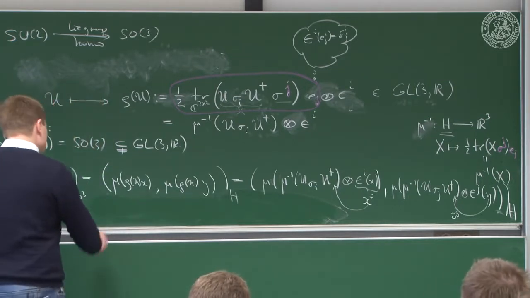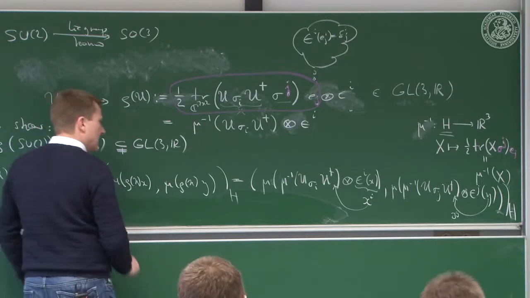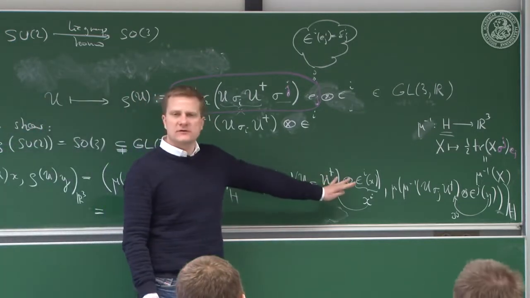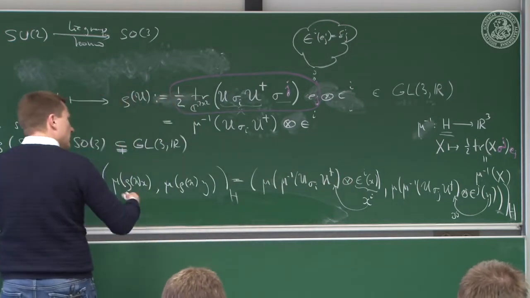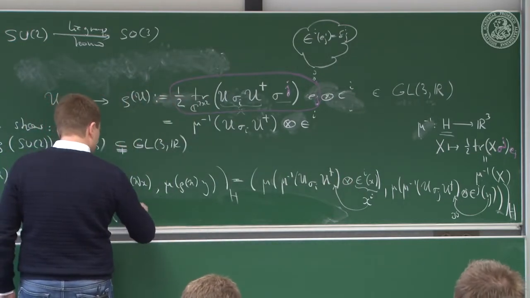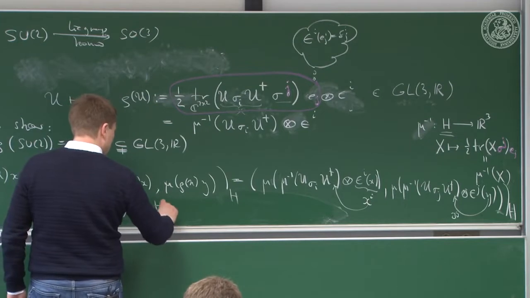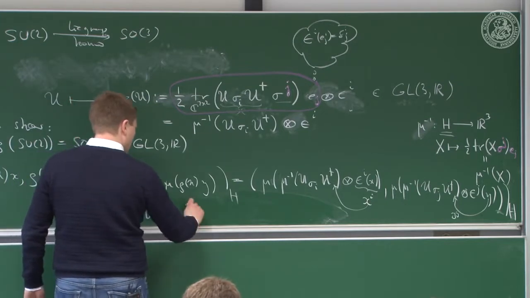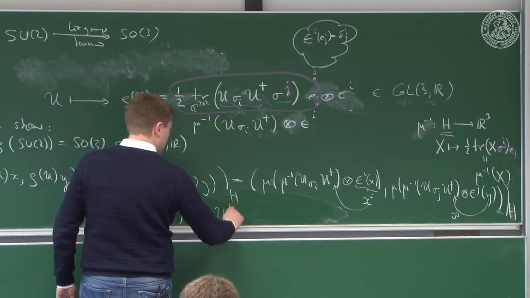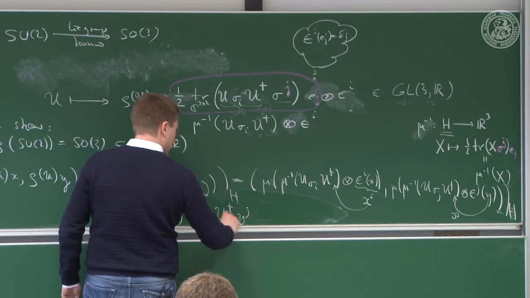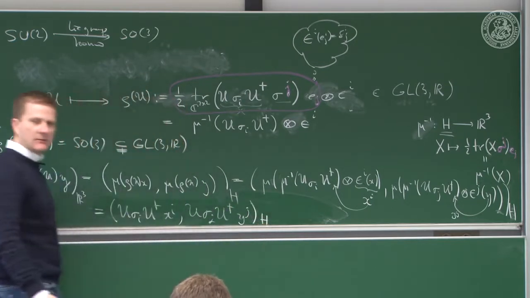I pull this in, that's correct, and then I really have mu of mu inverse, and that's it. Okay, and then mu of mu inverse goes away, so this is u sigma I u dagger xi, comma u sigma j u dagger yj, all with the H inner product.